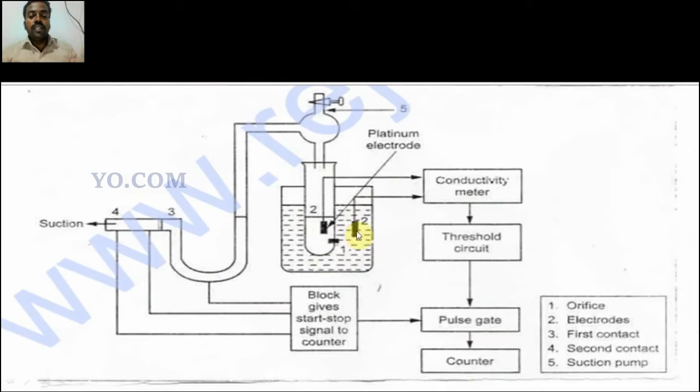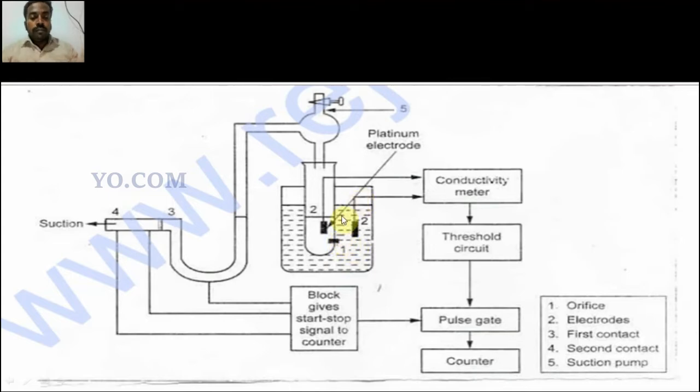This is the second electrode. This is an orifice. Orifice means a very narrow hole or gap. The conduction between these two electrodes is only through this orifice.